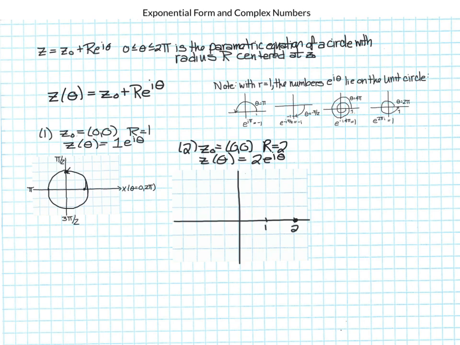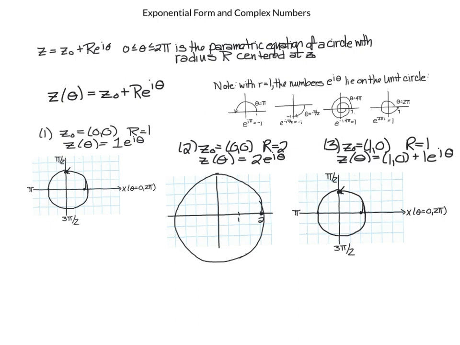And as theta goes from 0 to pi over 2, we're going to trace this arc of this circle. As we continue to theta equals pi, we'll trace this arc of this circle. This is too big for my graph paper, but here we go. Here we have our r equals 2, so it just makes our circle bigger.